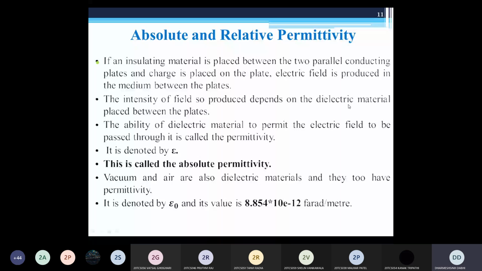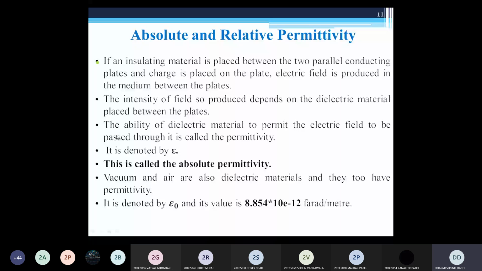We know that there are different types of insulating material, paper, mica, and porcelain. Okay, so depending upon the type of insulating material placed between two conducting plates, the intensity of the field is decided based on that material. So how to find out the intensity of the field? That is by using the permittivity. So what is the permittivity?